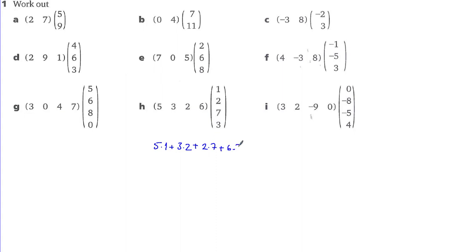So the answer is 5 plus 6 plus 14 plus 21. 5 plus 6 is 11, and 14 plus 21 is equal to 35. The answer is equal to 46. It is not necessary to write it like this, but if you write it in this form, it will be better for us.